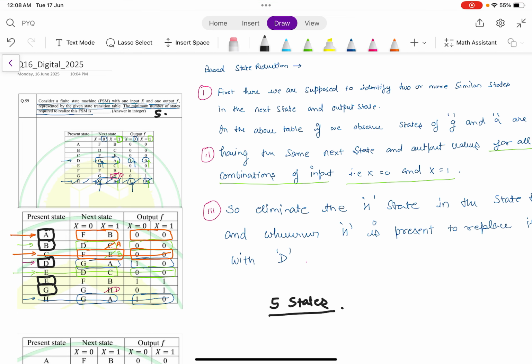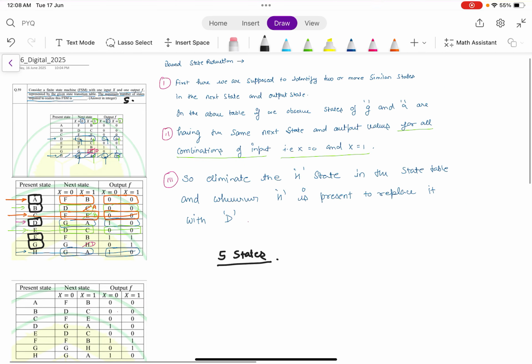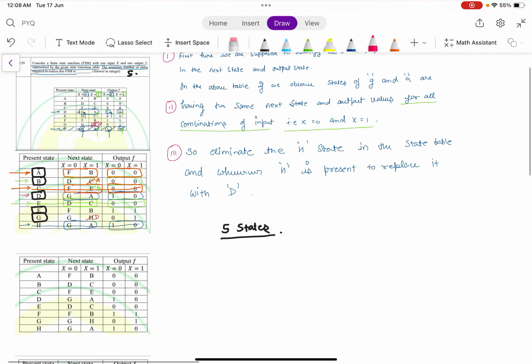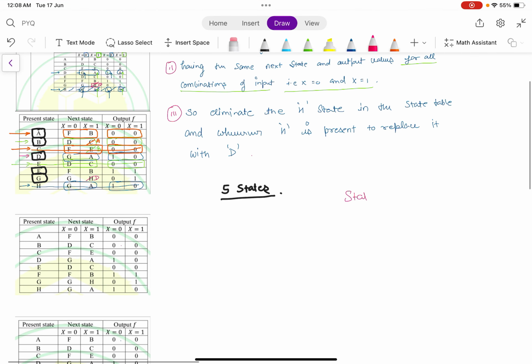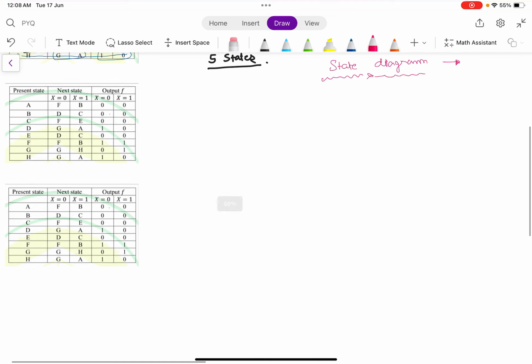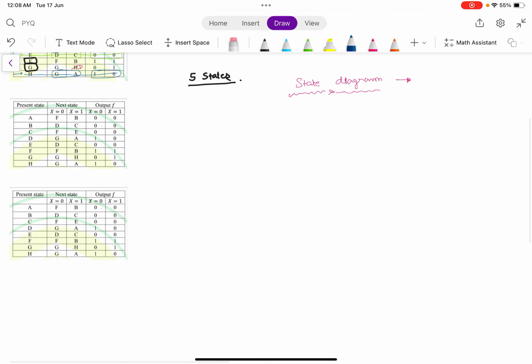I hope you got a better understanding of finding the states in an FSM. You can also draw the state diagram. I will draw the state diagram and I request you to verify this and let me know in the comments.